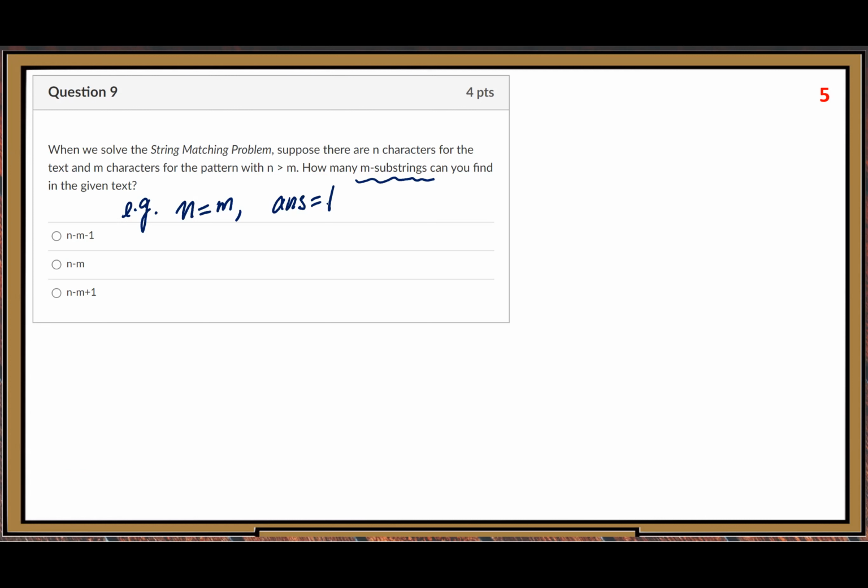So the answer is 1. If you check the three options here, the first one gives you negative, the second one gives you 0, and the third one gives you 1. So the third one is correct. Okay, so use a special example to find the answer.